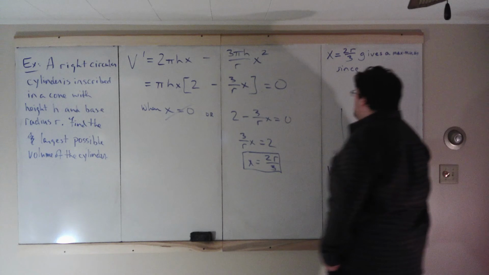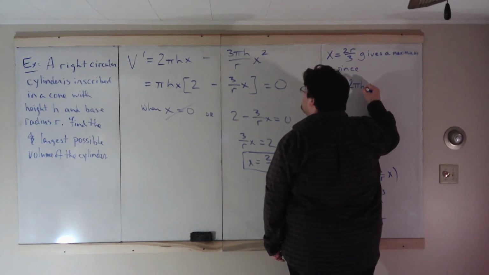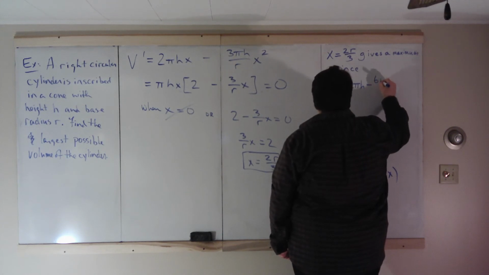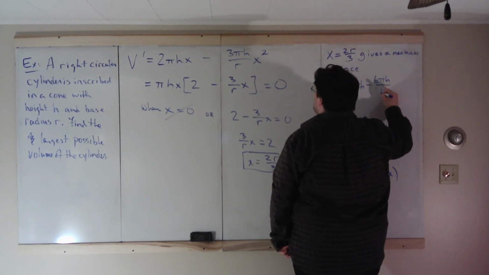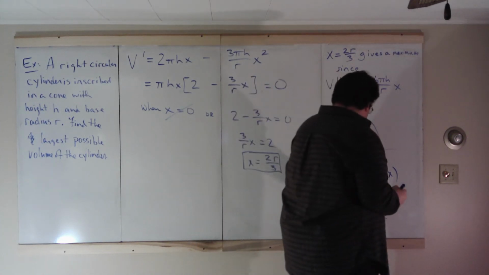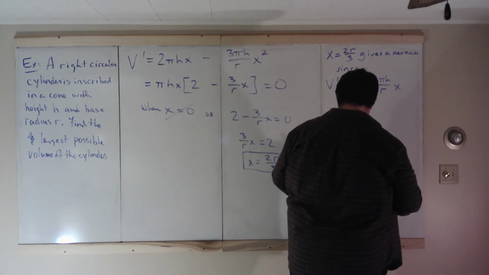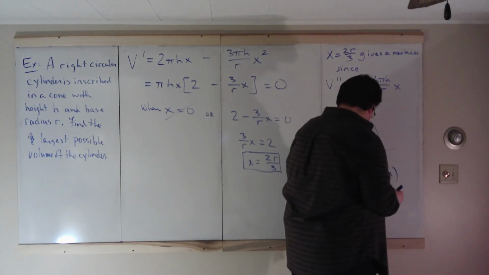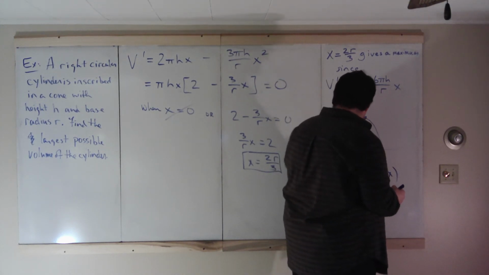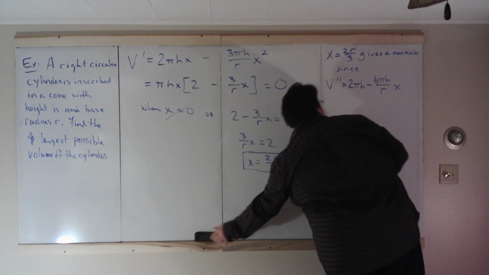Can we do that? Well, V prime prime is 2 pi h minus 6 pi h over r x. I want that function, so I don't want to erase it.